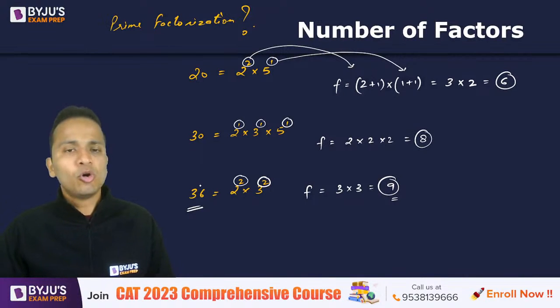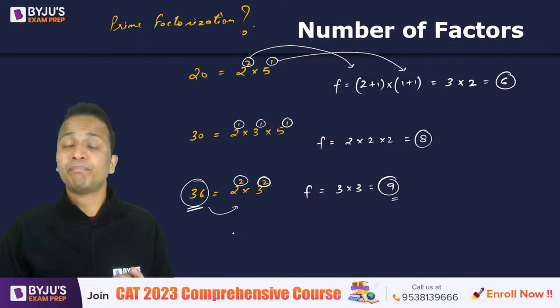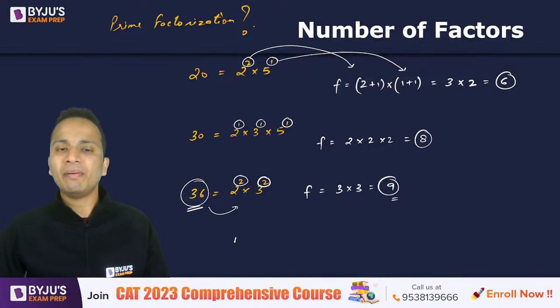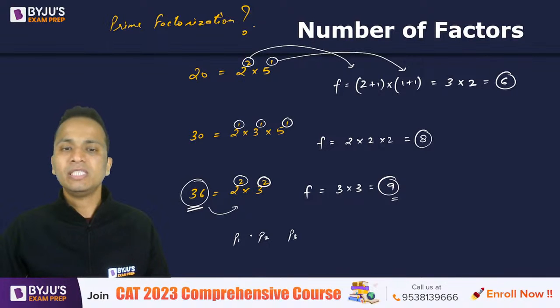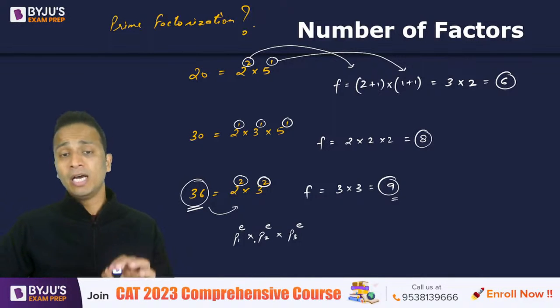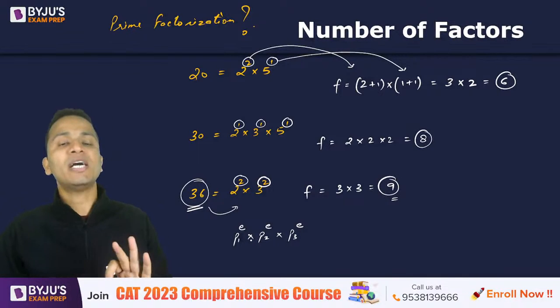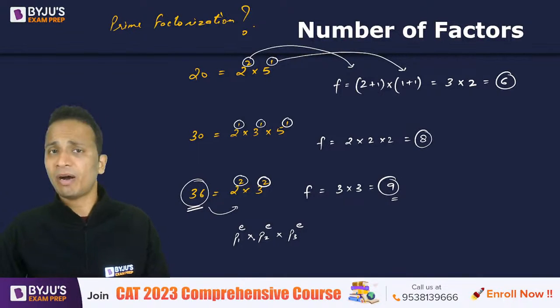Okay. So if a number is a perfect square, then upon prime factorization, the power of every prime number, I'll write it as P1, P2, P3. These are the prime numbers. The powers of all the prime numbers will always be an even number. हमेशा जो भी प्राइम फैक्टराइजेशन के बाद पावर्स आएंगी वो हमेशा इवन पावर्स होंगी, कभी भी ऑड पावर नहीं होगी.